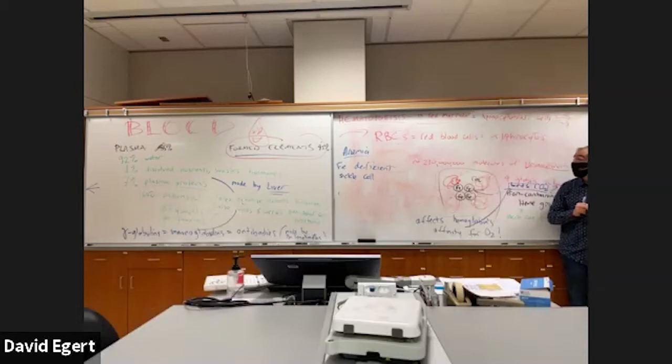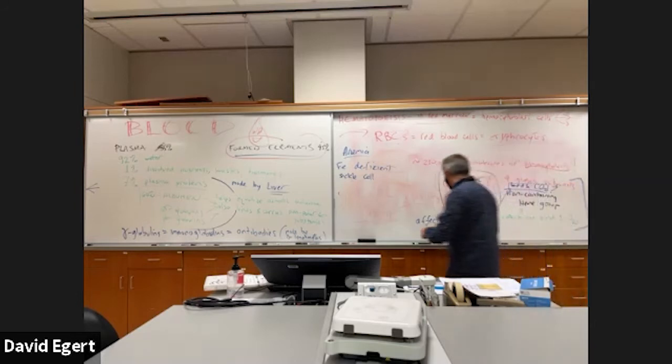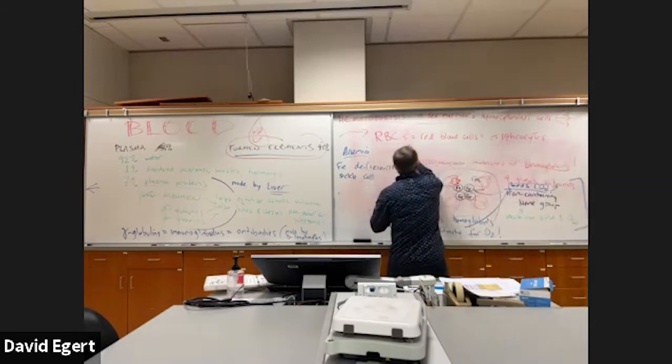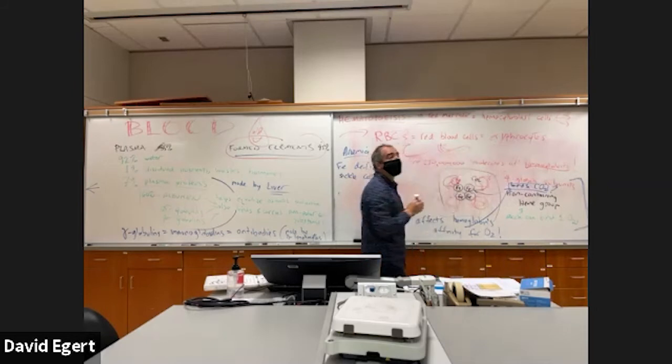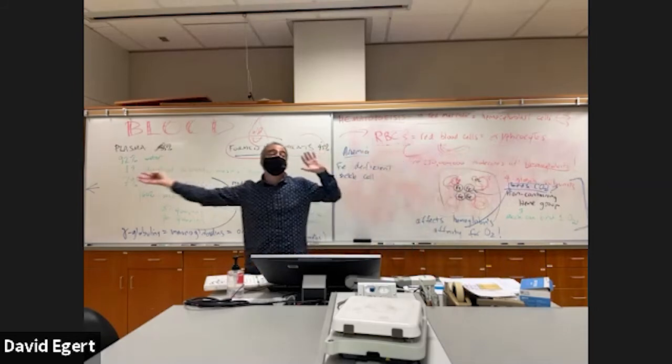It makes the hemoglobin pull on itself in a weird way, particularly under low oxygen conditions. And the whole red blood cell, instead of looking like a little flying saucer, ends up looking more like a canoe, which is why it's called sickle cell.